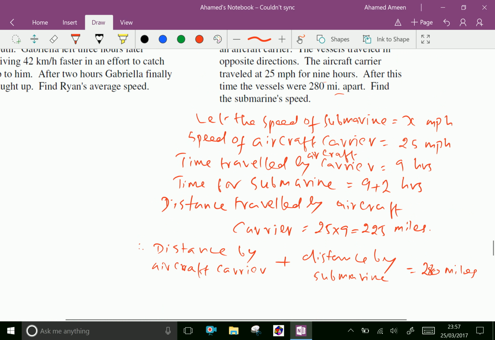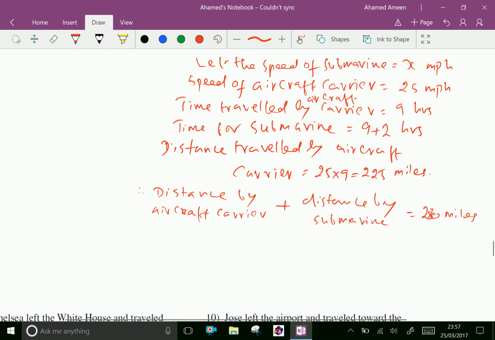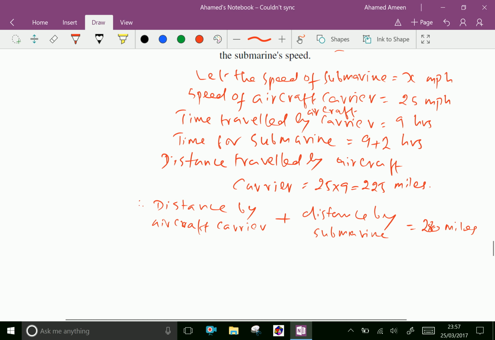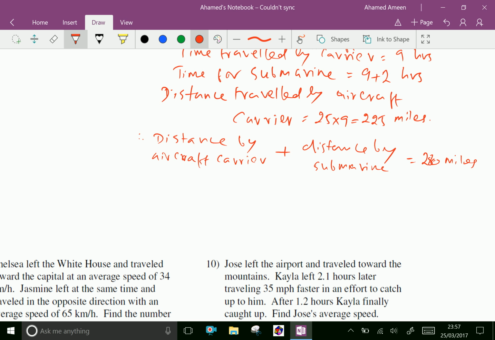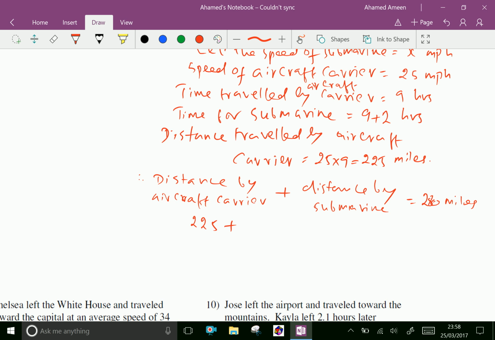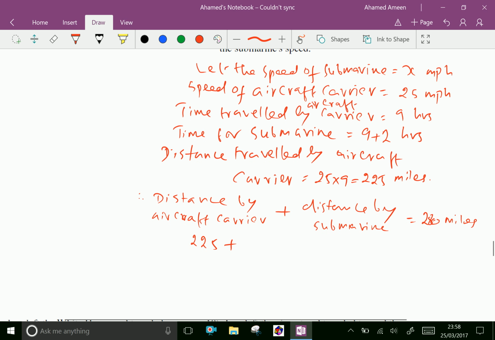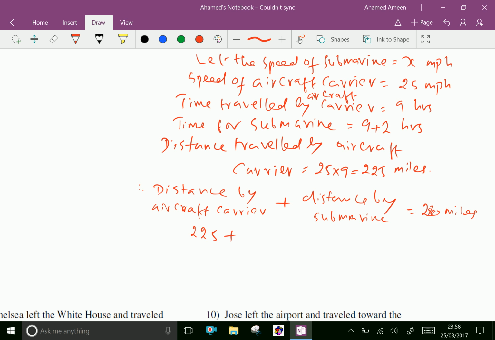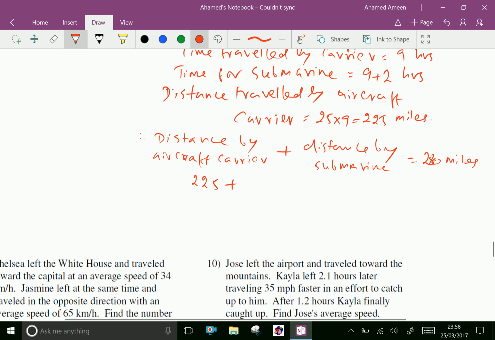Therefore, distance of aircraft carrier 225 plus distance of submarine, which is x into 11, equal 280.